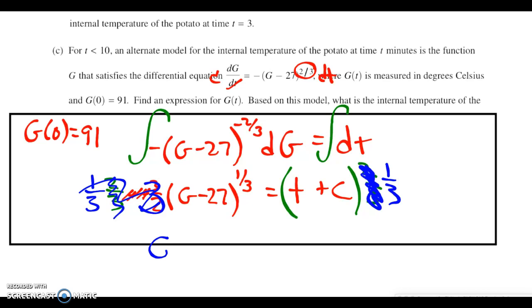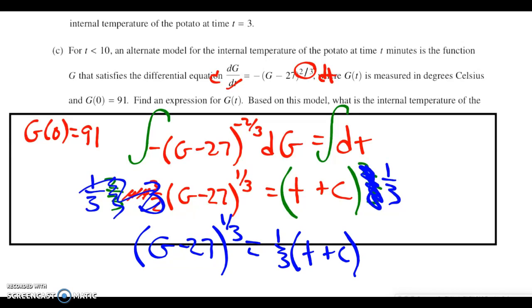So I've got (G minus 27) to the 1/3 equals 1/3 t plus C. You can leave it like that. To get this by itself, I'm going to cube it. Give myself some more room.